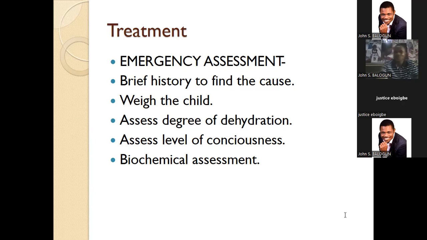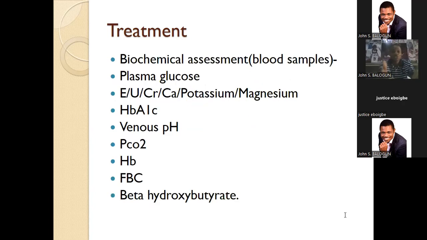Thank you. Okay. So now, when you've done that, by the time you collect blood samples, what are the things you are looking for? Remember, we talked about blood glucose. You also collect a sample for serum electrolytes. What are the electrolytes you are looking for? You look for sodium, because for every milligram per dL rise in glucose level, the level of sodium drops.